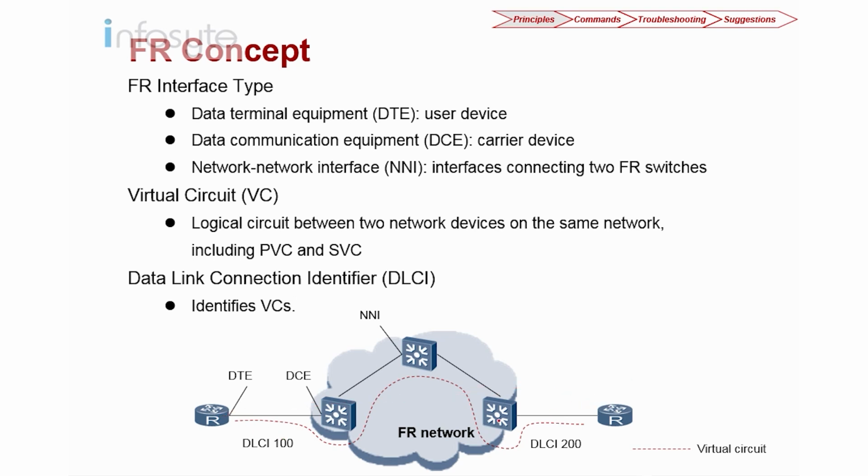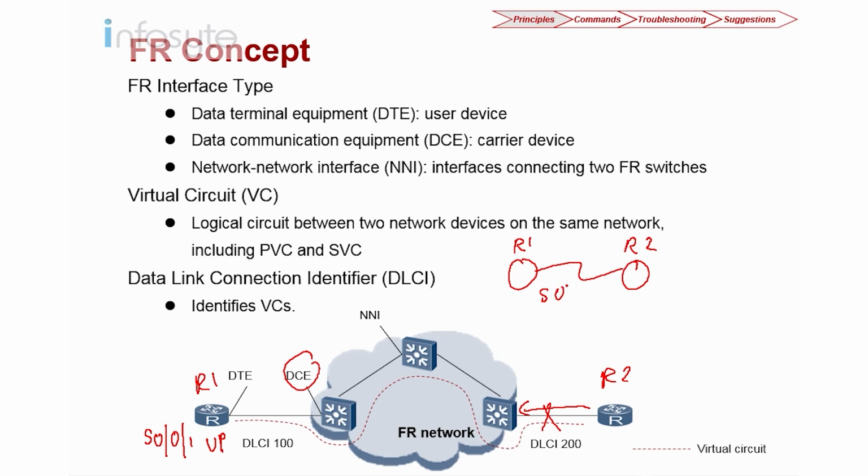R1 connects to your frame relay interface here, and R2 connects to this interface. Assuming the connectivity on R2 fails, the status of the interface over here, let's say S0/0/1, will still say up because it is not directly connected. Compared to a point-to-point serial link on both sides, if this is down, the status over here will be down as well.